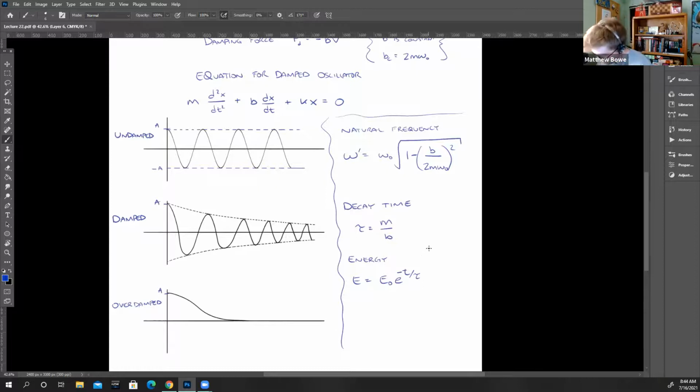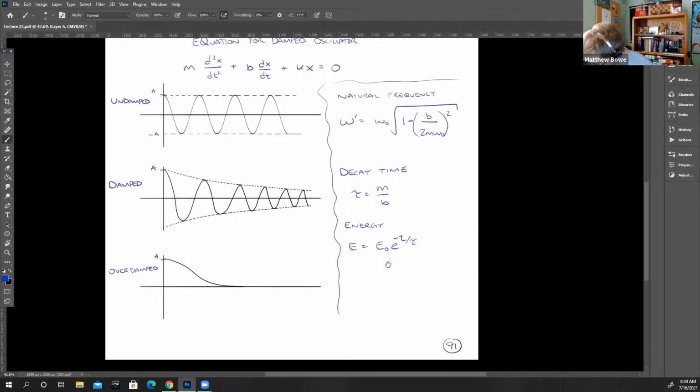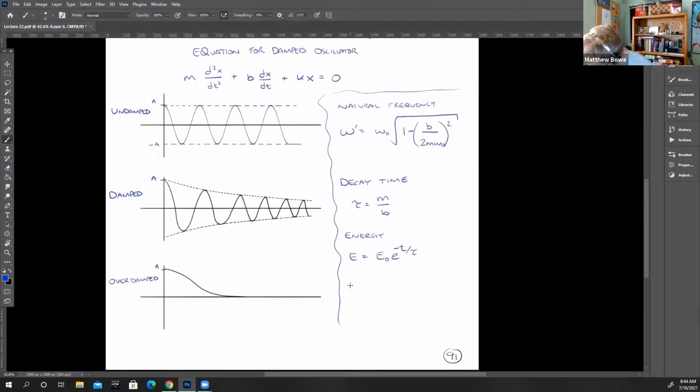If it's a wave that goes forever, there is no decay time, and so the energy blows up. This is an infinite wave. Typically, waves in real life are not infinite. We have a set amount of energy for each wave. And what else? Oh yeah, here we go. We have the Q factor. That's what your book talks about.